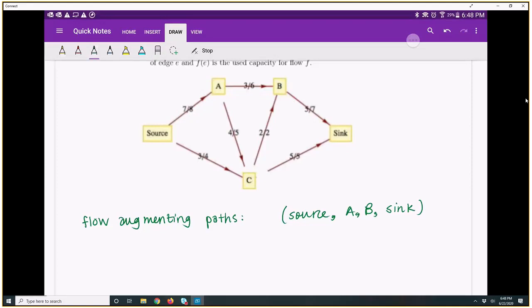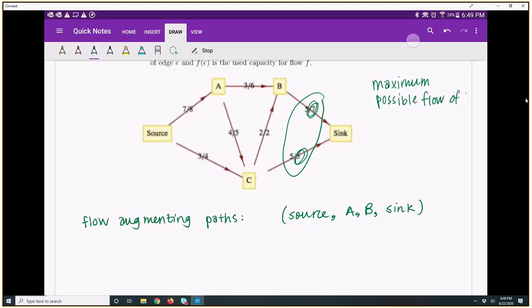I want to notice here that the maximum possible flow would be 12, because I have a capacity of 7 and a capacity of 5. I also have a capacity of 8 and 4 here on the entering side. So I have a maximum possible capacity of 12.